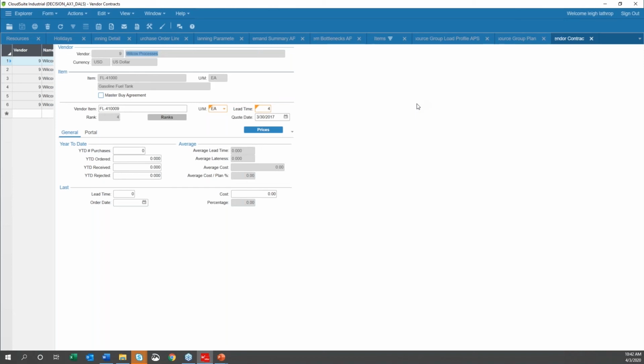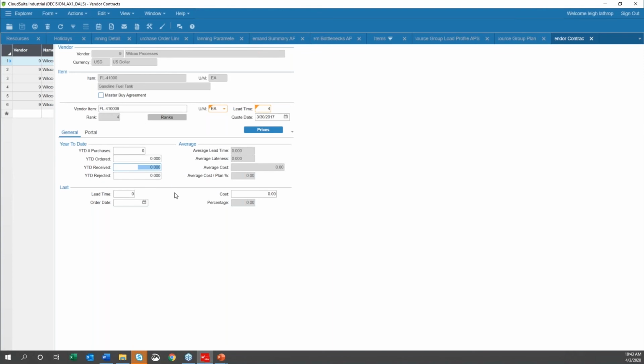In addition to that, if my system is keeping records the way we would like it to keep records, it's saying, here's how many purchases we did this year, here's how many we received this year, so I can not only see what my components are from this vendor, but I can also see whether they're active or not.